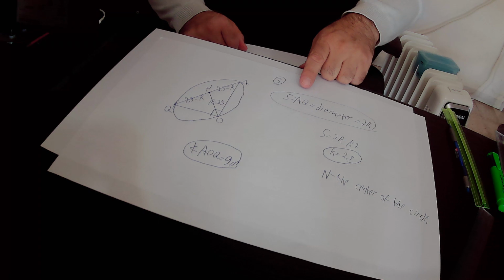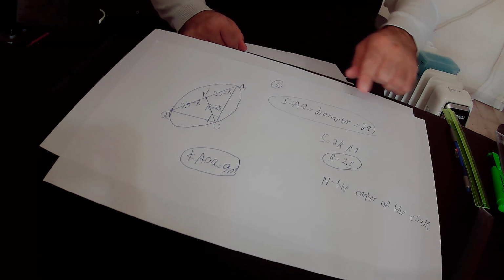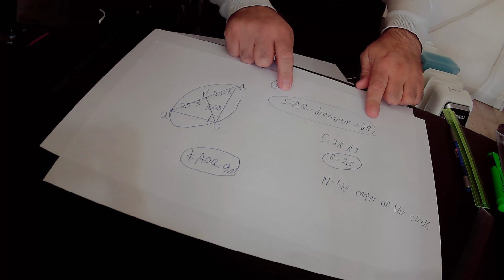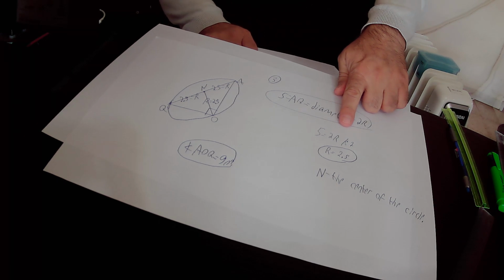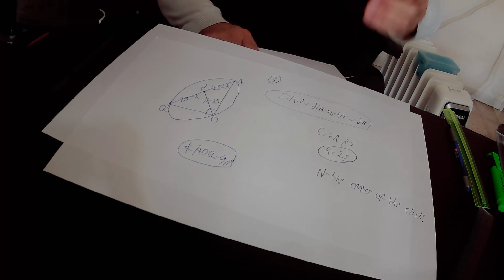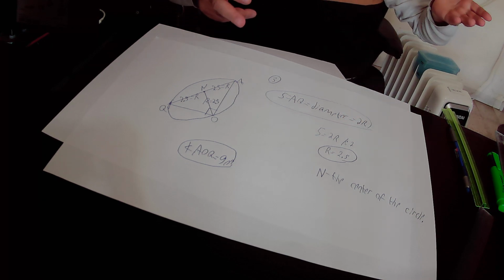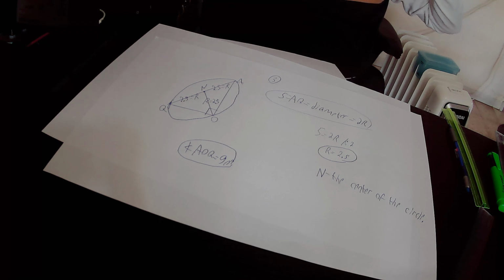On the other hand, QA equals 5 units according to what is given in the question. From this, we derive that 5 equals 2r. We divide this equation by 2 and find that r equals 5 over 2, which is 2.5. So the radius of this circle, r, equals 2.5 units.